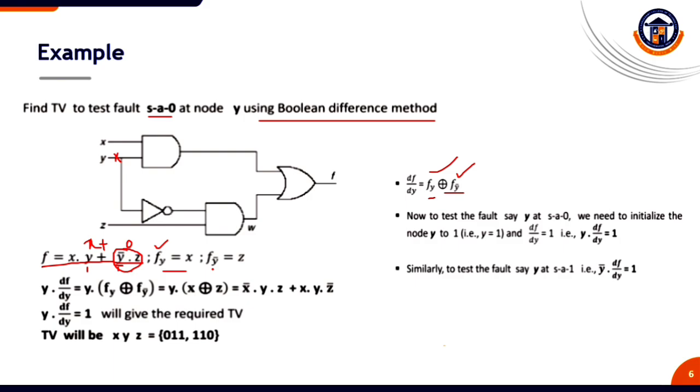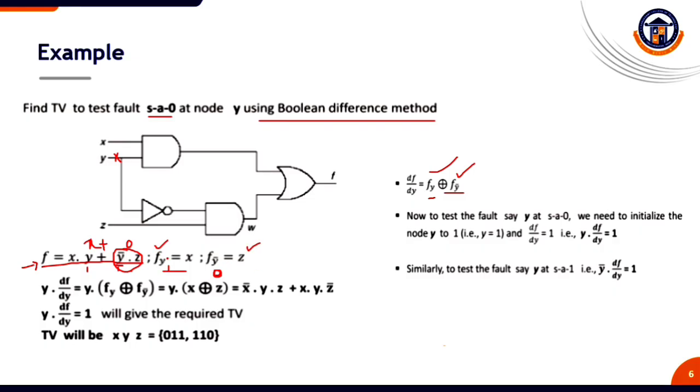Similarly, we can find the f y bar value. This time we substitute y value equal to 0 in the main expression, f equal to x dot y plus y bar z. Substituting y equal to 0, we get f y bar equal to z.